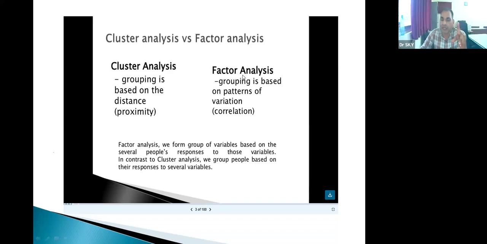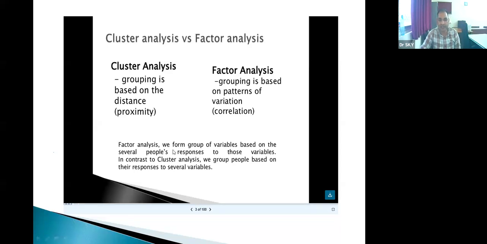In factor analysis, we group the characteristics based on the patterns of variation, that is, correlation. So the basis of similarity for factor analysis is correlation, while the basis of similarity for cluster analysis is distance, that is, proximity.